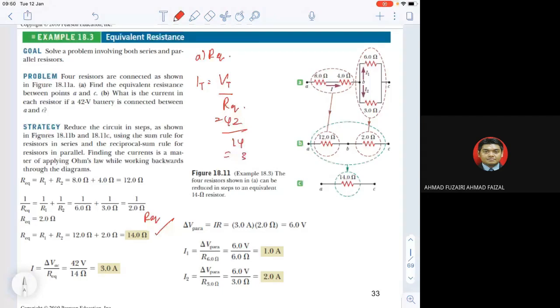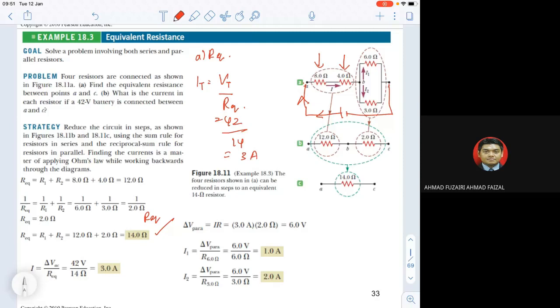When we combine it, if you have positive and negative terminals, I total will go to this point and flow in series through 8 ohms and also through 4 ohms. So it will flow 3 ampere at 8 ohms and 3 ampere at 4 ohms.